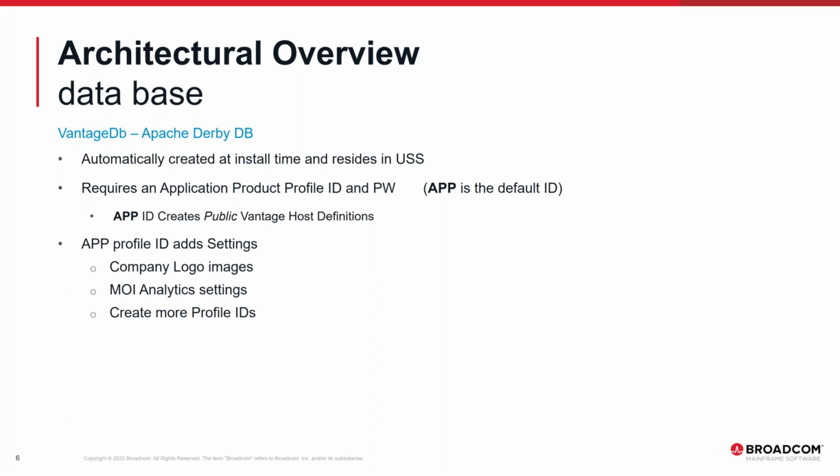It's automatically created, like I said, during the installation process. The database is stored in USS. And the very first time you install the web client, you're going to have to initialize the database. So what we do is provide a profile ID. It's called APP, and that actually initializes it. And you're going to use that same ID to log into the database to add the first Vantage host definition.